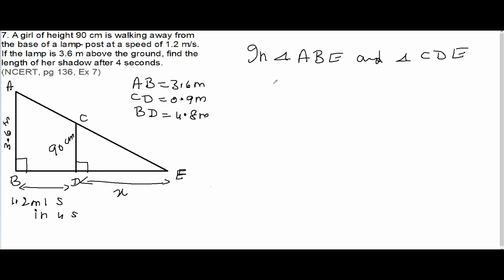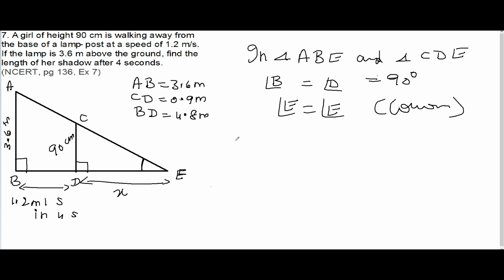So now we can take in these two cases, angle B is equal to angle D, which is equal to 90 degrees, and angle E is equal to angle E, which is common for both of them. Therefore, triangle ABE is similar to triangle CDE by AA similarity.